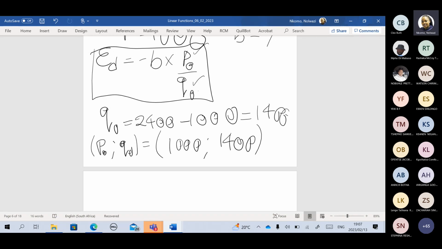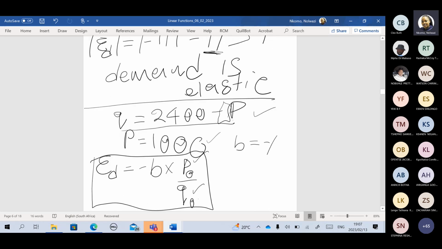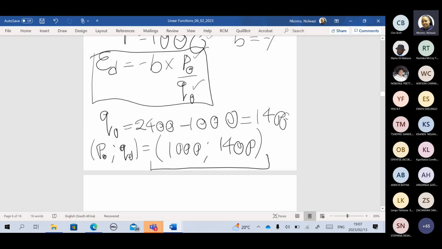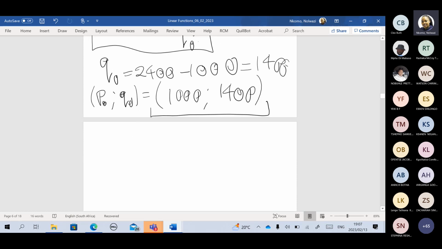So we have a point, and we have a demand function, and from the demand function, we can obtain our slope, which in this case is -1. So we can now use the elasticity of demand. ED is equal to minus B times P naught over Q naught.